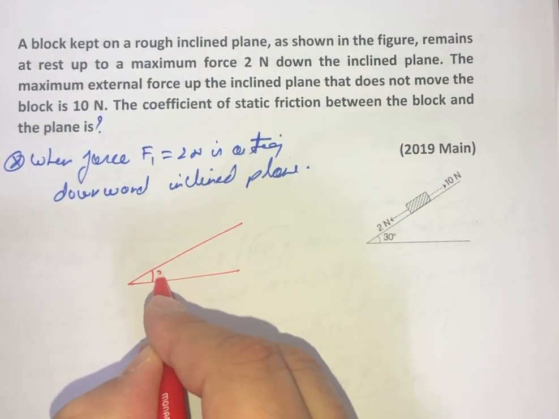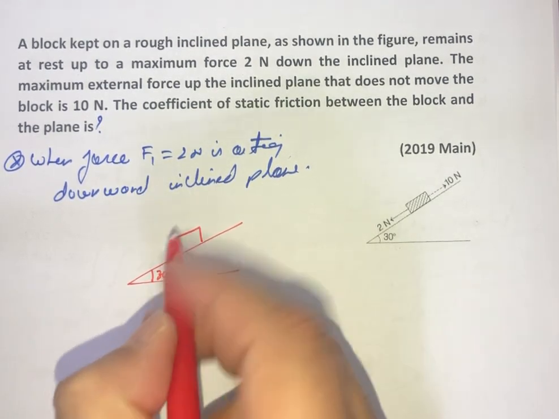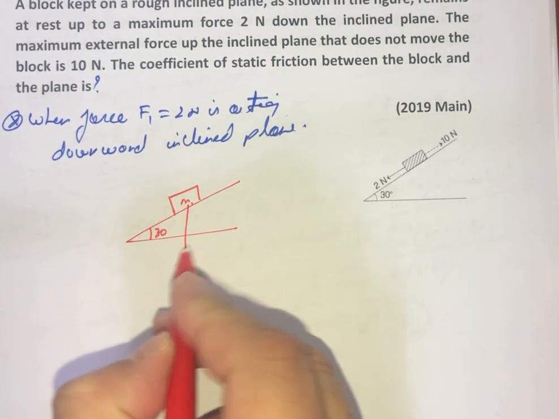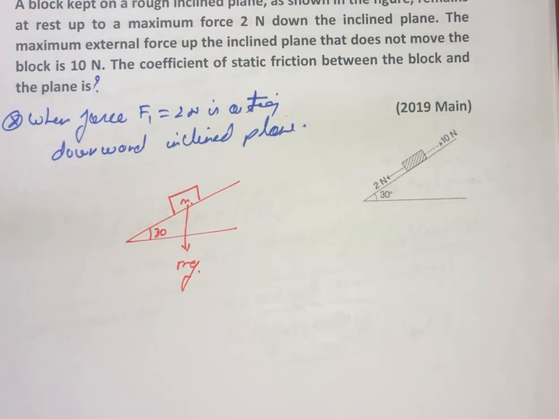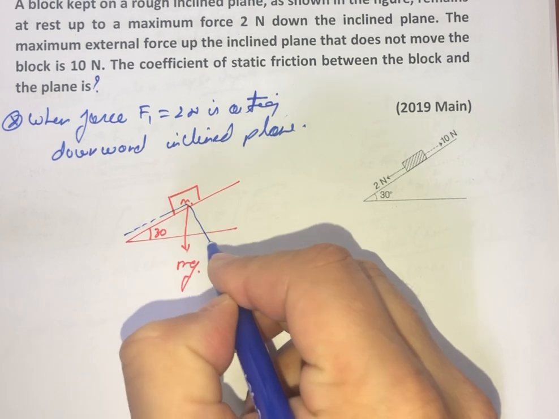So this is 30, and we have, let us suppose, this is M. So we are going to have mg, and this mg is going to have two components.